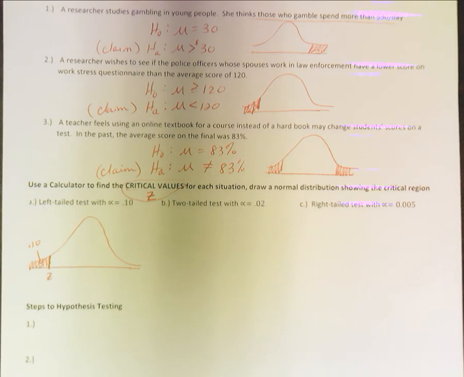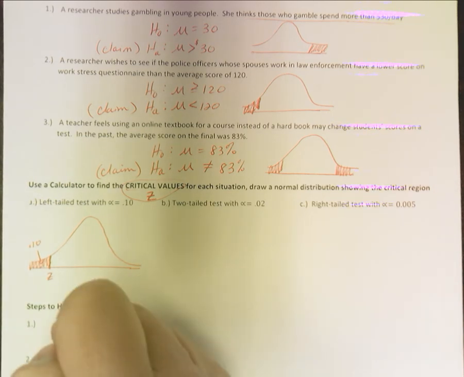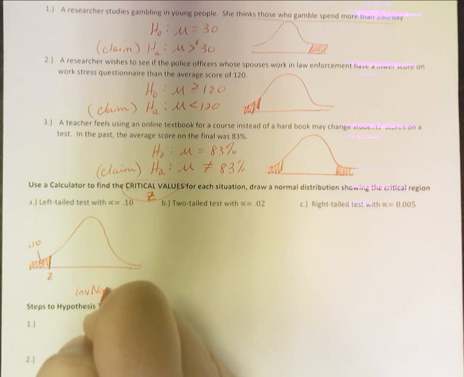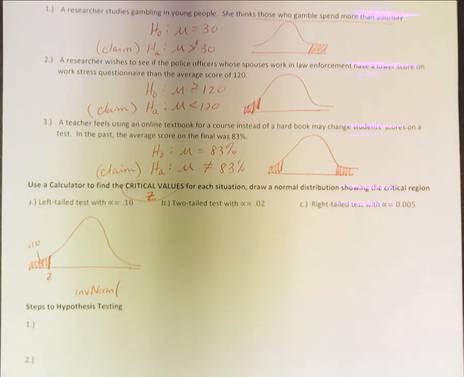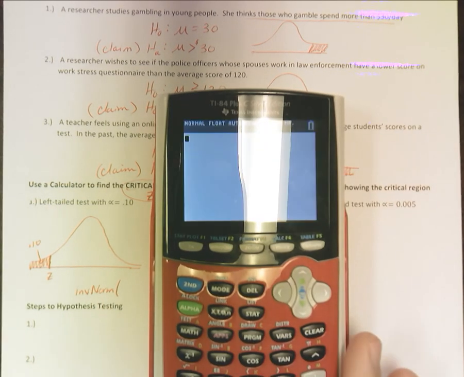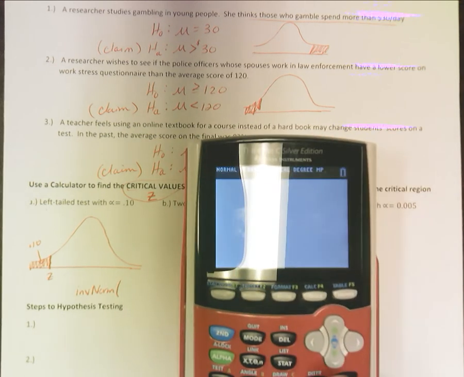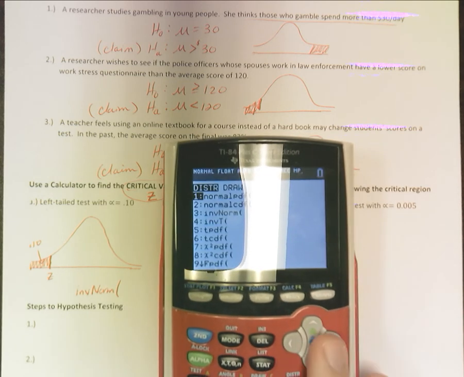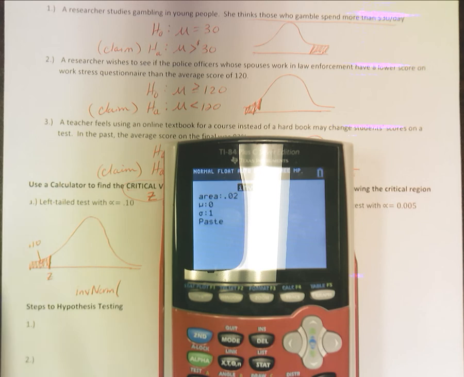It's very easy. On your calculator, you use inverse norm. How do we put this in again? So turn this on. You go to second vars, number 3, which is inverse norm. You always start from the left.